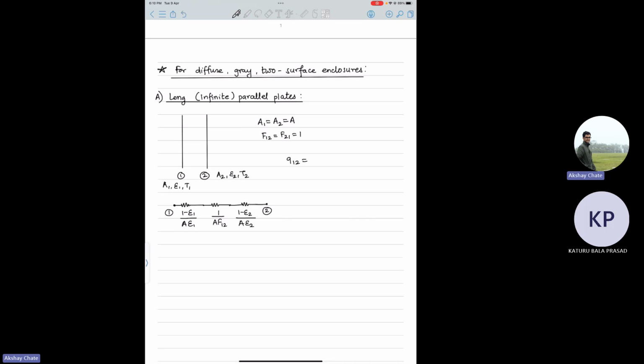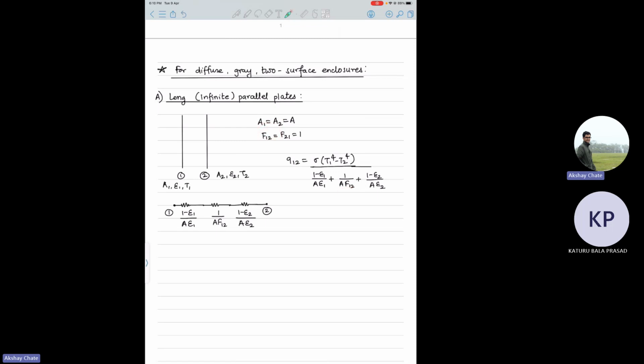From our thermal resistance network analogy, we know that this will be T1 power 4 minus T2 power 4 divided by the total resistance. Now the total resistance will be (1 minus epsilon 1) by (A epsilon 1) plus 1 by (A F12) plus (1 minus epsilon 2) by (A epsilon 2). And here F12 is 1.